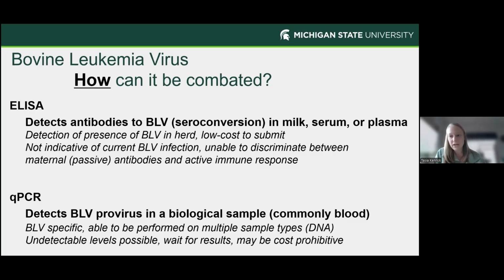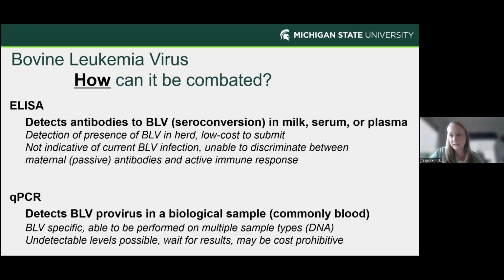The qPCR, and I don't want to steal some of Phil's thunder that you'll hear from him later, I'll just set up what it does and what it's telling you. So PCR is actually amplifying that provirus. The provirus again is bovine leukemia virus that has integrated into the host DNA into a B cell.